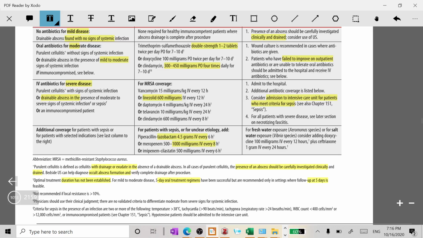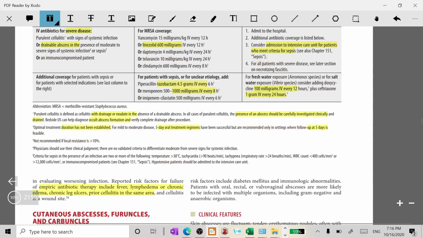For freshwater exposure, which may involve Aeromonas species infection, or saltwater exposure, which may involve Vibrio species infection, we must add doxycycline 100 mg every 12 hours plus ceftriaxone 1 gram every 24 hours.